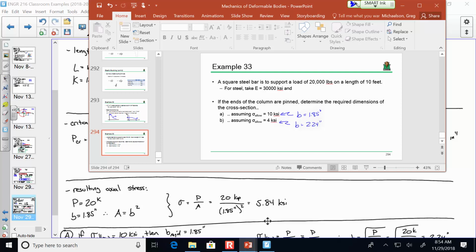So why can't you make your B dimension smaller if your allowable stress goes up? Because it'll buckle. Tell you what, let's just make up a number. Let's say B equals 1.5 inches.